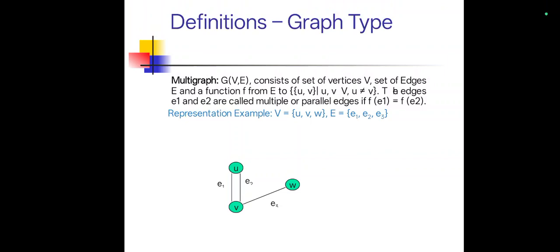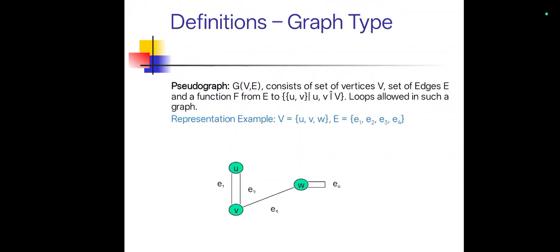Example: {U, V, W} is the set of all vertices and E equals {E1, E2, E3} is the set of multiple edges.